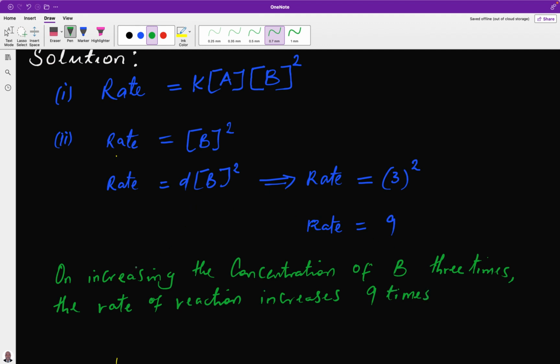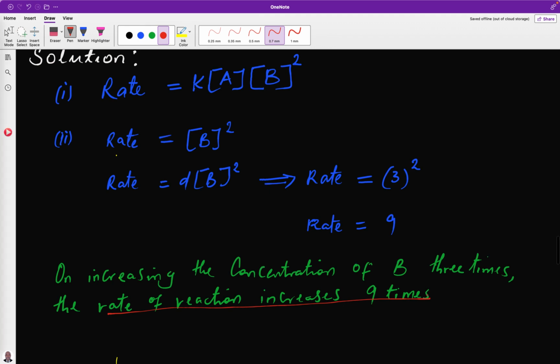So that is our answer. On increasing the concentration of B 3 times, the rate of reaction increases 9 times. That's just all.